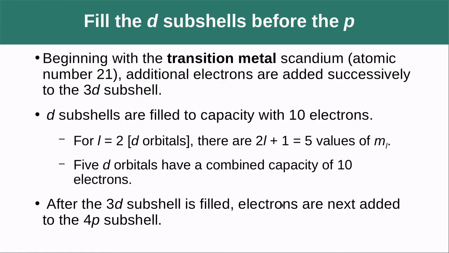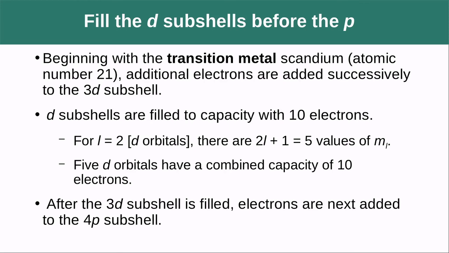Okay, there are some rules about the d subshells that are a little inconvenient for us. So beginning with the transition metal scandium, atomic number 21, additional electrons are added successively to the 3d subshells. These subshells are filled to capacity with 10 electrons.